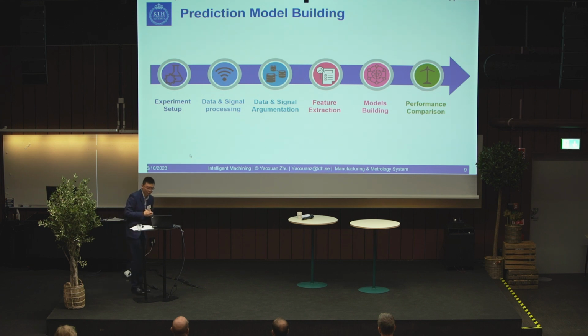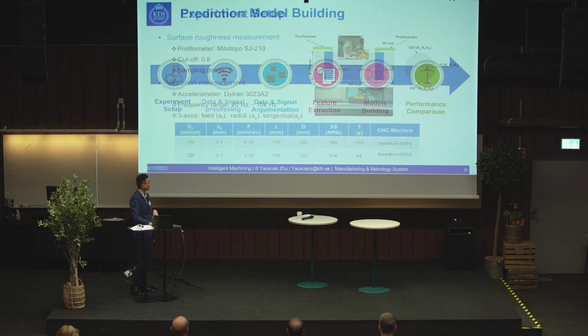So this is the difference between us and other research work. When we finish the model building, we can try many different machine learning algorithms to build the model, and then we have to figure out how to compare the performance from one model to another. So then we need to do performance comparison.